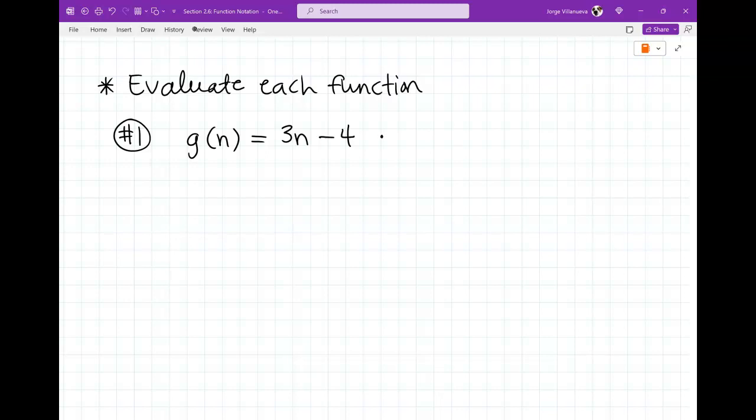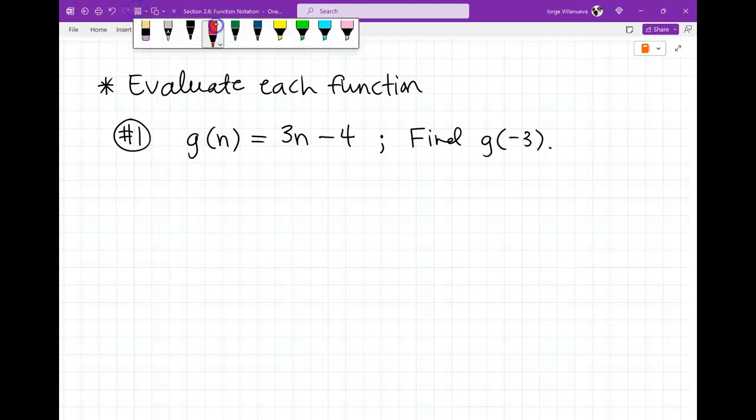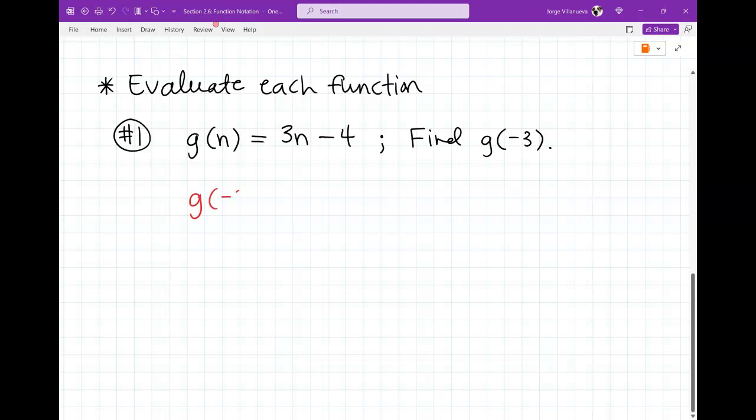Now they're going to put a little semicolon and they're going to say find g of negative 3. In other words, plug in negative 3. So g of negative 3 is 3 times negative 3 minus 4. 3 times negative 3 is negative 9, minus 4.